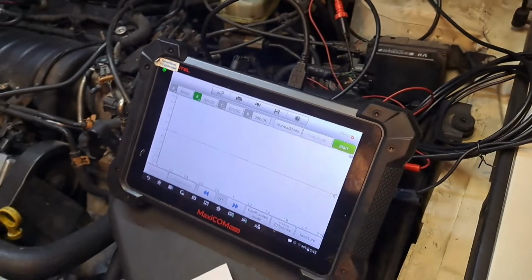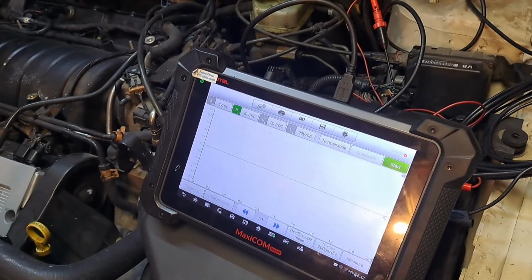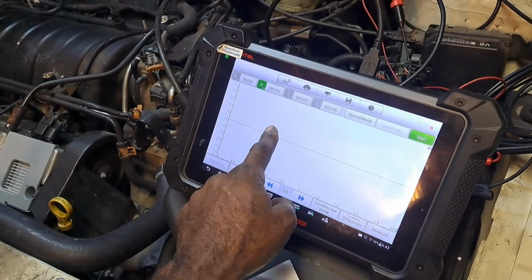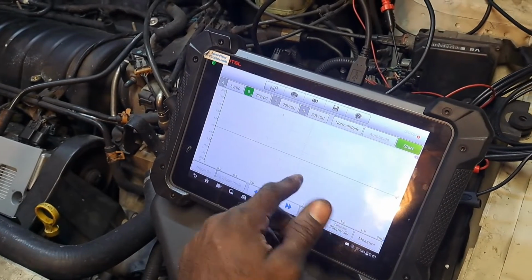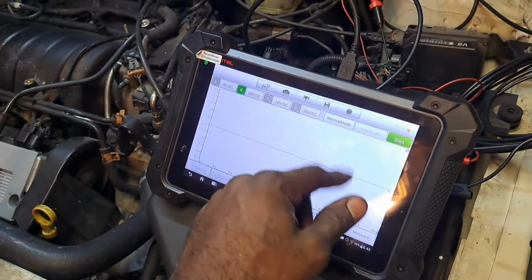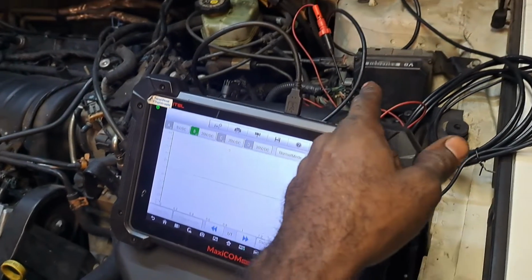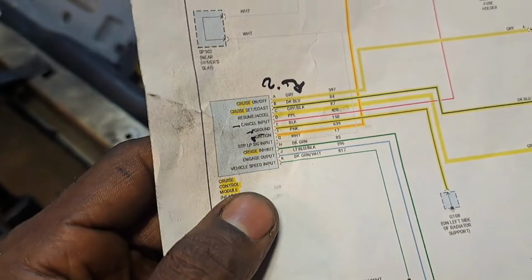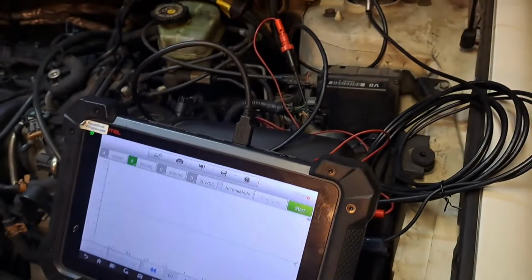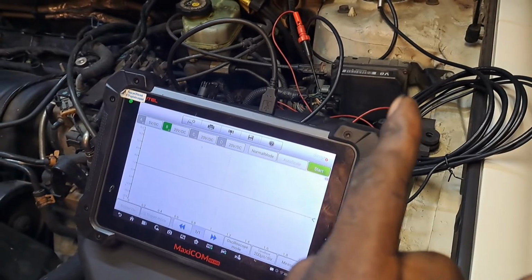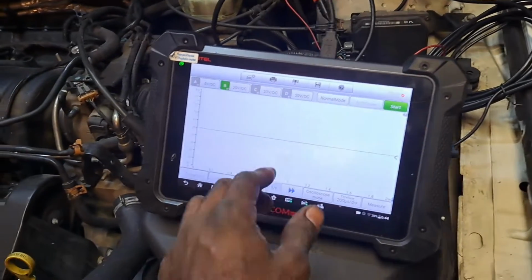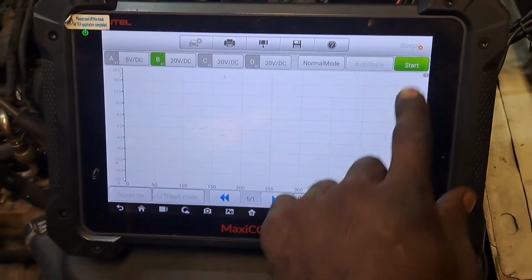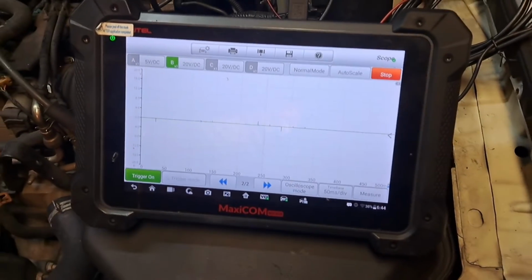If we get a square wave, it should be more like a digital type waveform, so we should see a square wave versus an AC sine wave. I'm hooked up on the last one, the K pin. The only thing left to do is set a time base, and that is too fast. I like 50 milliseconds. Start it, and let me see what happens.